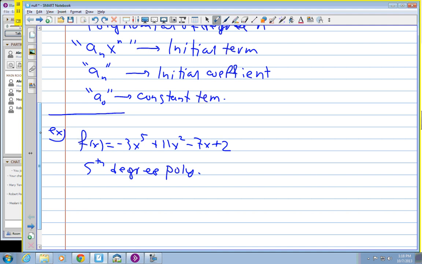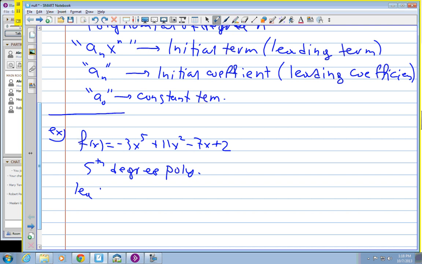Yeah, I should say, sometimes it's called leading term or leading coefficient. So the leading coefficient is negative 3.